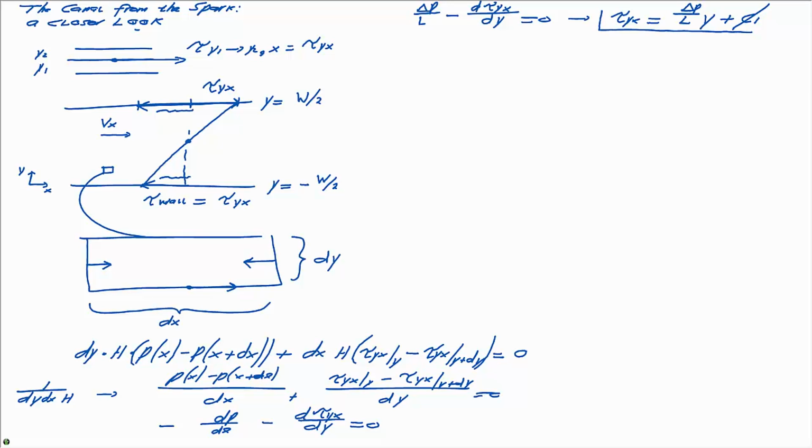Then, question 514: we're going to use this relation to find the velocity profile. Because we can assume that it's a Newtonian fluid, tau yx is also equal to minus mu dvx divided by dy.